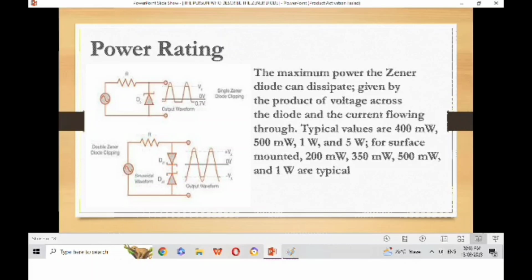The maximum power the Zener diode can dissipate is given by the product of the voltage across the diode and the current flowing through. Typical values are 400 milliwatts, 500 milliwatts, 1 watt, and 5 watts. For surface mounted devices, 200 milliwatts, 350 milliwatts, 500 milliwatts, and 1 watt are typical.